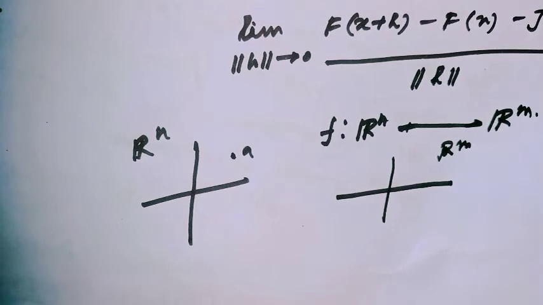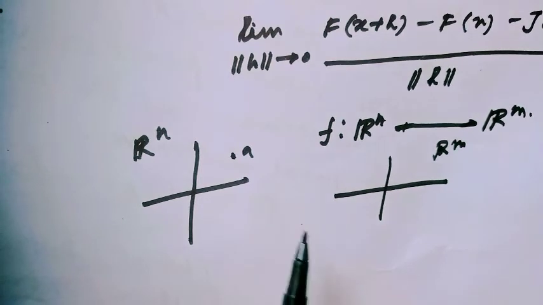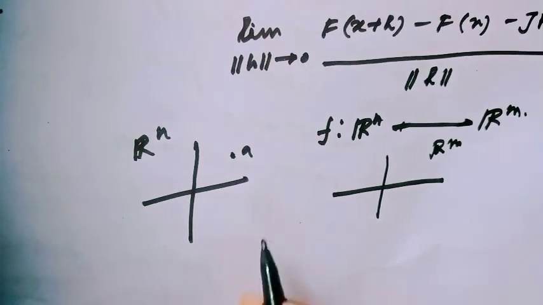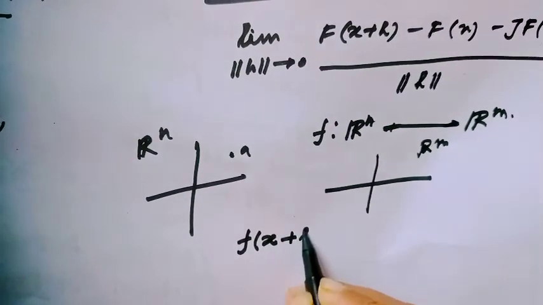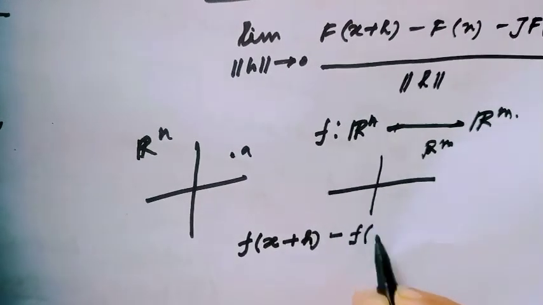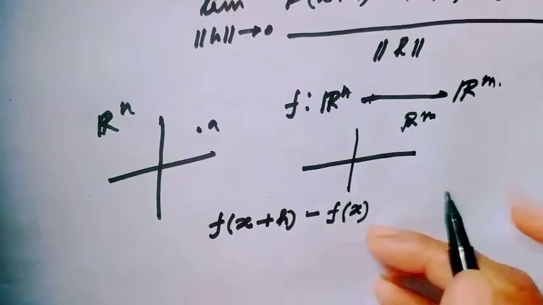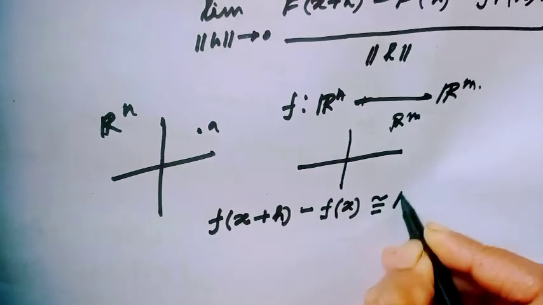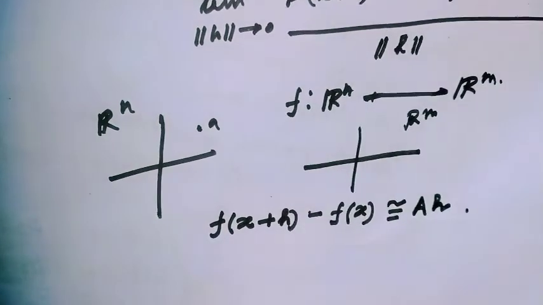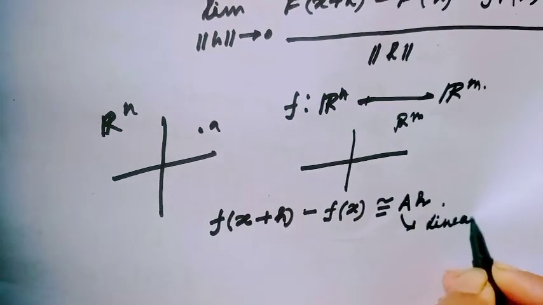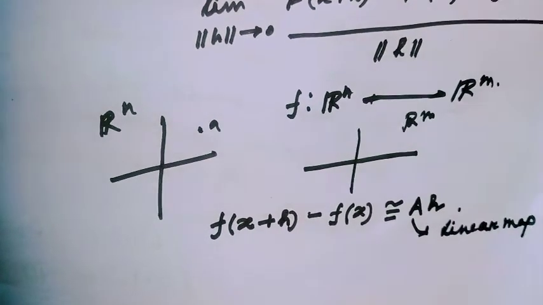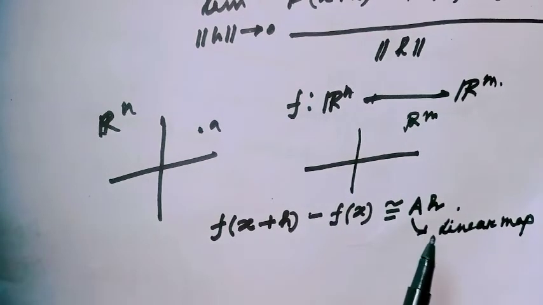That means I want to approximate f of x plus h, just recall, minus f of x, approximate it with A times h, where capital A is the linear map, and I had discussed in my earlier video this linear map as the Jacobian matrix.